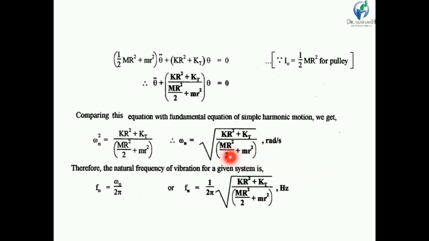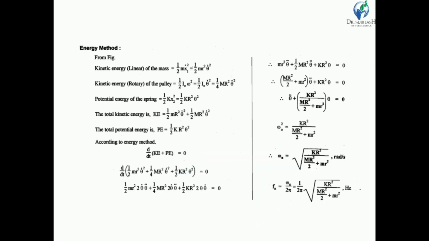So the natural frequency fn is equal to 1 upon 2 pi under root K R square plus Kt divided by M R square by 2 plus m r square. So this is the natural frequency of the system, and we have derived this equation by using the equilibrium method.